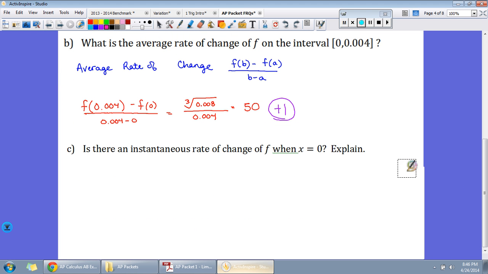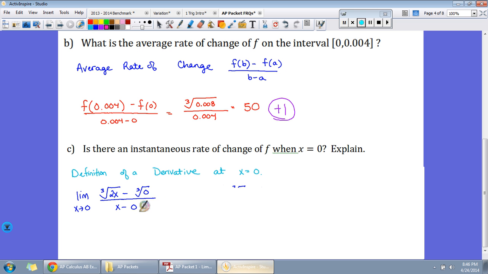For part C, instantaneous rate of change is really the derivative at x equals 0. So, the definition of a derivative at x equals 0 is taking the limit of the function minus the function at the x value over x minus 0, and when you plug in zeros, those will go away.